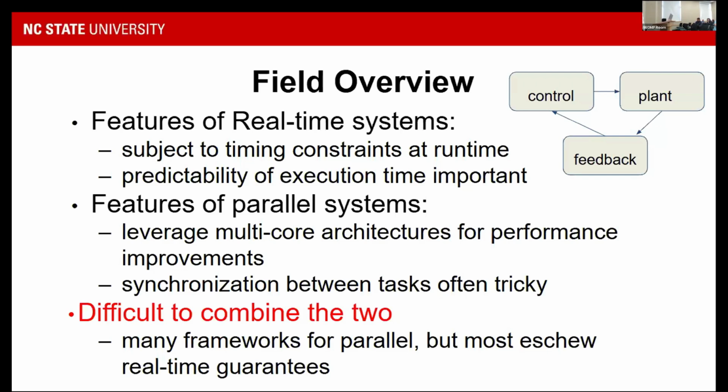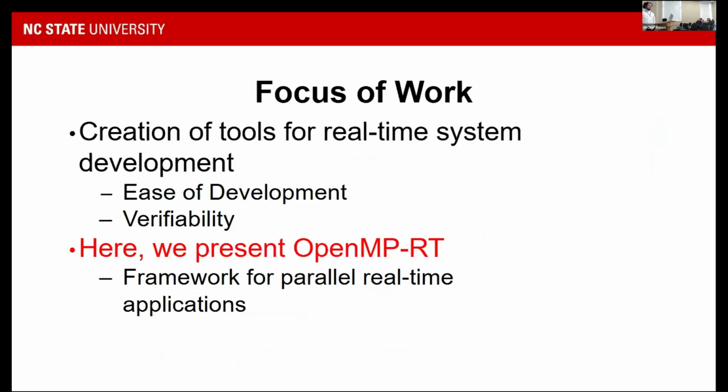There are a lot of frameworks that exist for parallelism, OpenMP being a major one, but most either ignore or only softly treat real-time guarantees. So the focus of my work in general has been creating tools for real-time system development, mostly for ease of development or verifiability. In this case, OpenMP-RT for real-time applications in OpenMP.